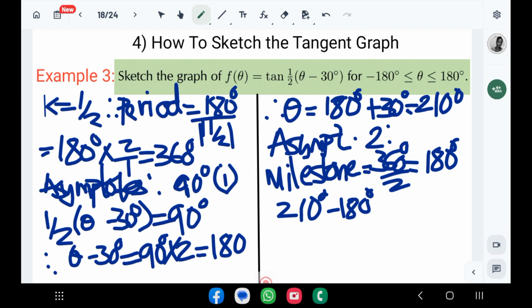Now that should be minus 360. Okay, so let's plot that milestone. That's 210, and then the second milestone will be 180 degrees from 210.